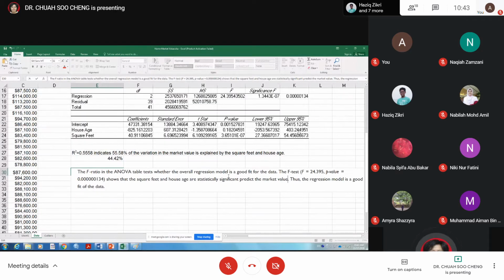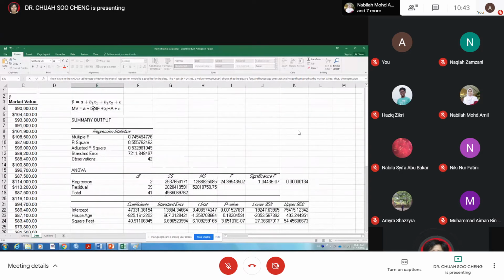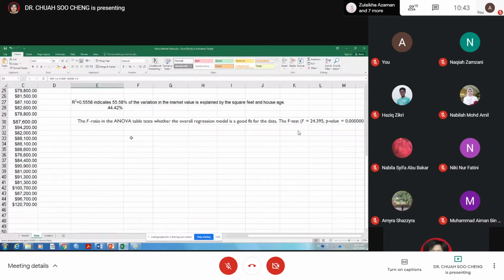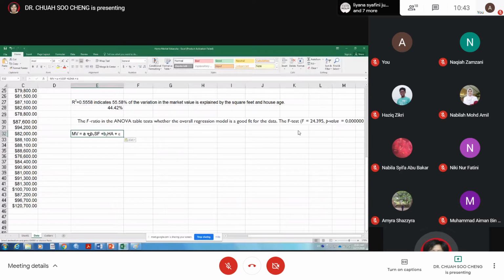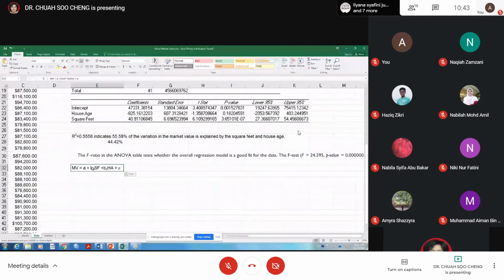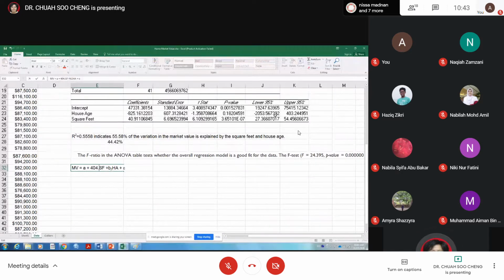Then we go to our equation. So for our equation, we look at the coefficients. The coefficient for square feet is 40.911.